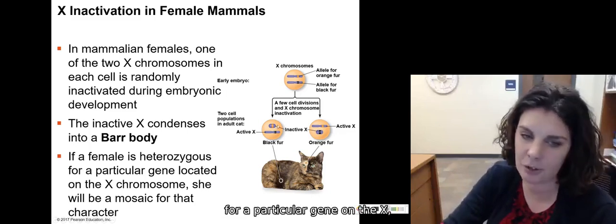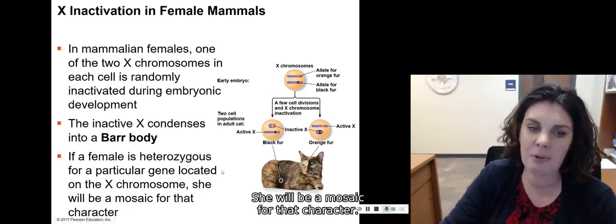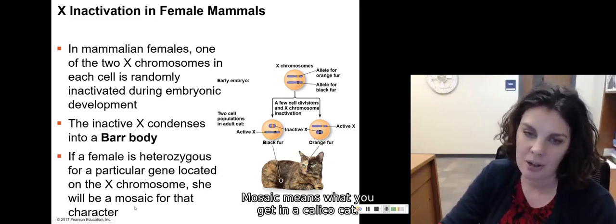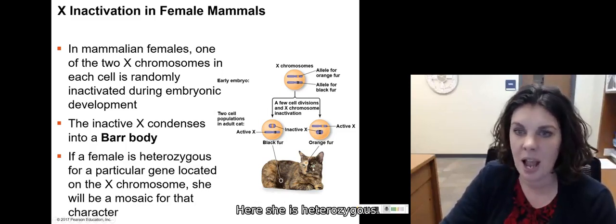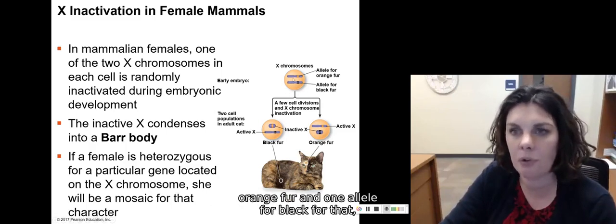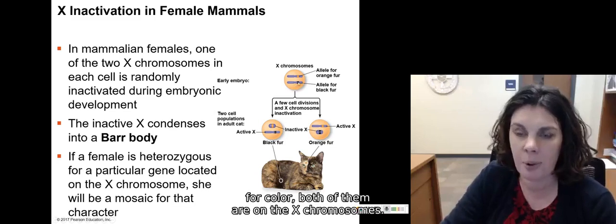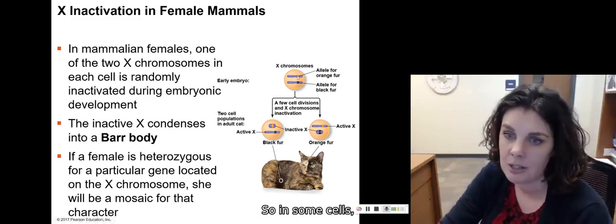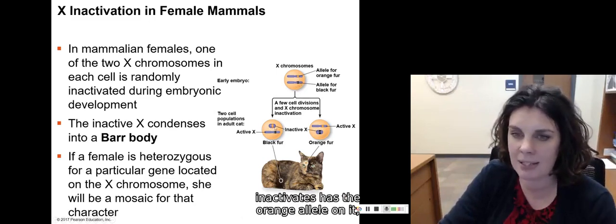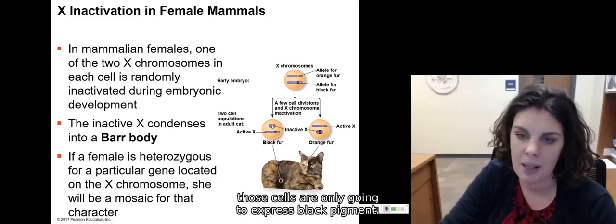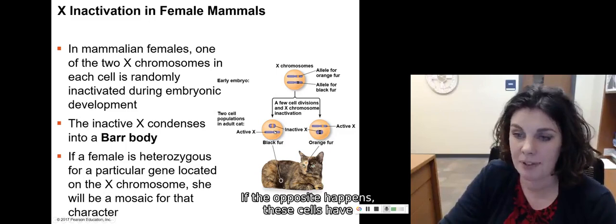Okay, and then if a female is heterozygous for a particular gene on the X chromosome, she will be a mosaic for that character. Mosaic means what you get like in a calico cat. So here she is heterozygous. She has one allele for orange fur and one allele for black fur. That fur color, both of them are on the X chromosomes. So in some cells, if the X chromosome that inactivates has the orange allele on it, those cells are only going to express black pigment.